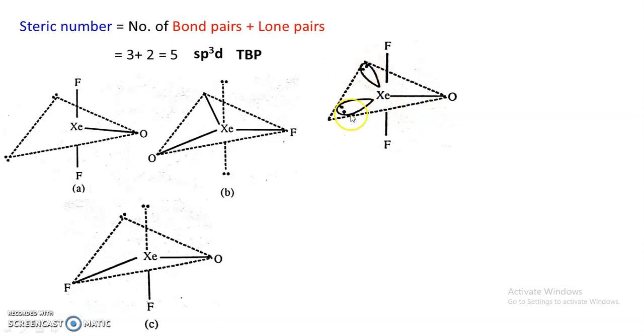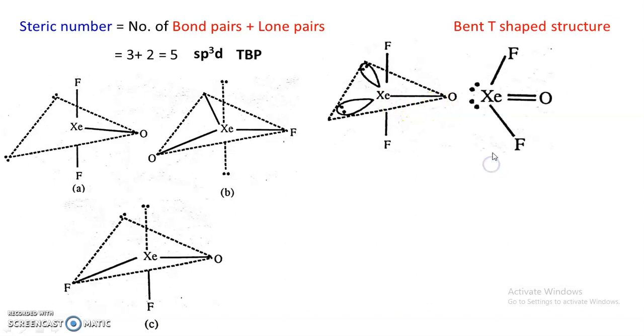As lone pair repulsion is highest, these 2 xenon-fluorine bonds are bent towards oxygen, and therefore the observed structure for xenon oxodifluoride is bent T-shape. This is the bent T-shape structure for xenon oxodifluoride.